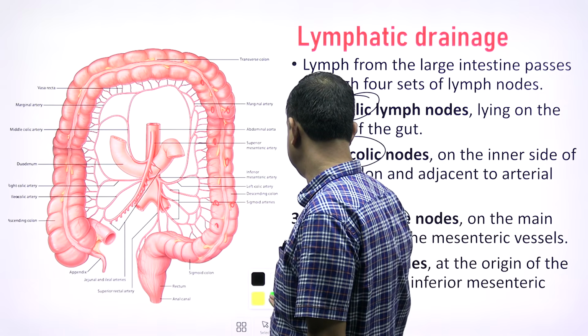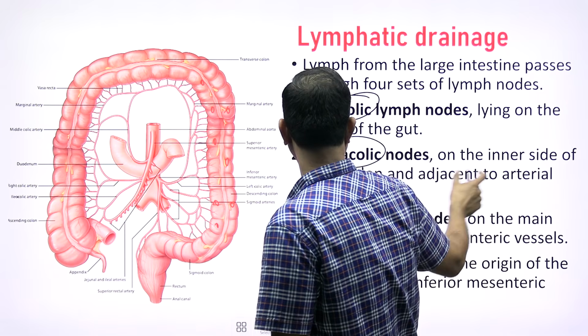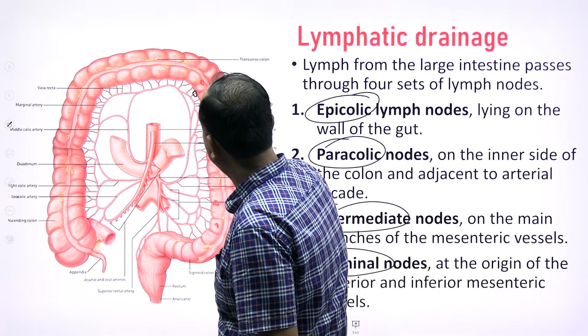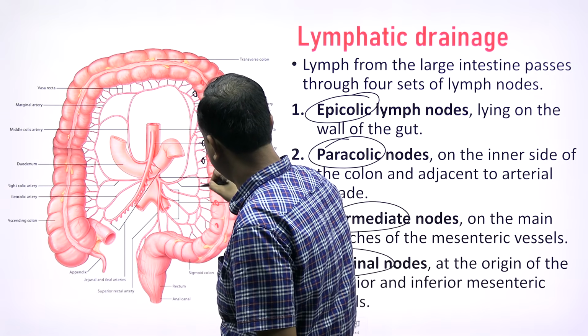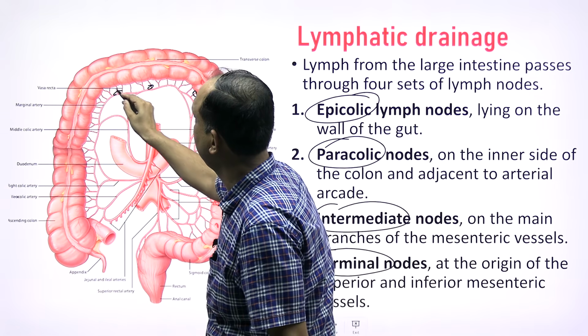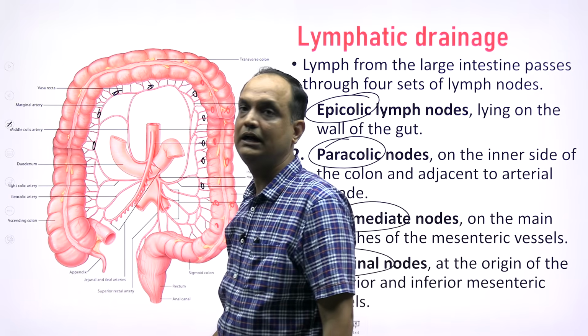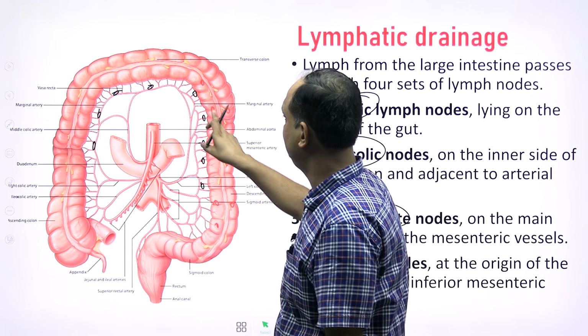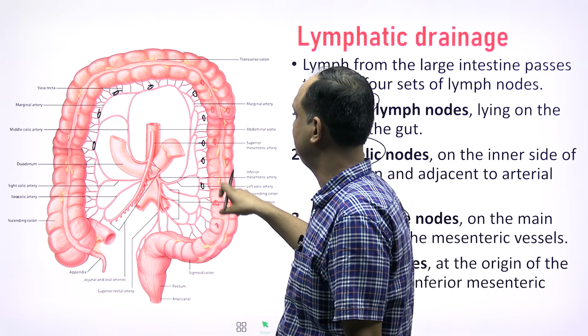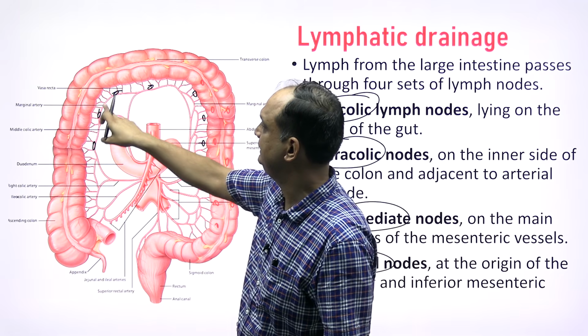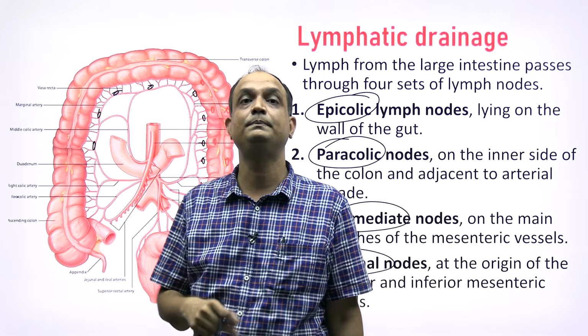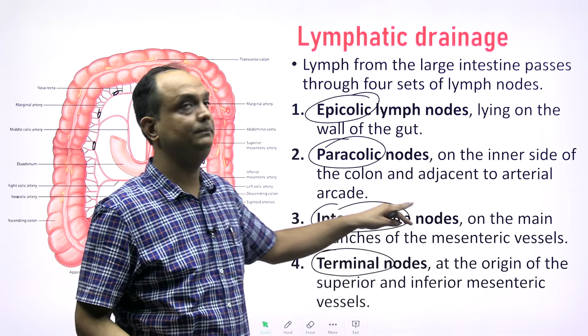Then you are having the lymph nodes which are present on the inner side of the colon along with the marginal arteries. So, along the marginal arteries you are having the lymph nodes, these are known as paracolic. Then you will have intermediate nodes.